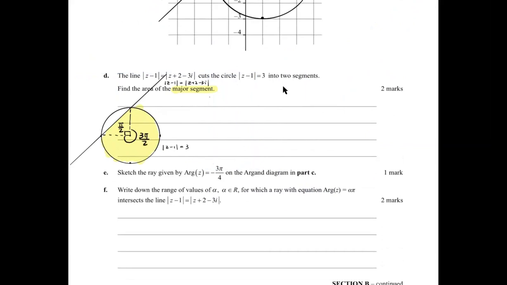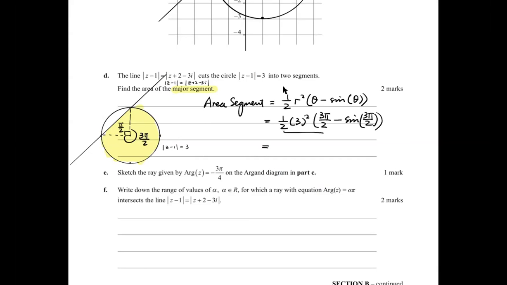For any segment, you are able to use this formula. Area of segment is given by half r squared (theta minus sine theta). In this case, the radius is 3. The theta is 3 pi on 2 minus sine 3 pi on 2. And then you just type everything into your CAS calculator and obtain the answer.